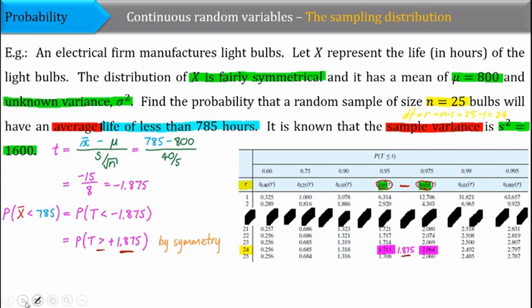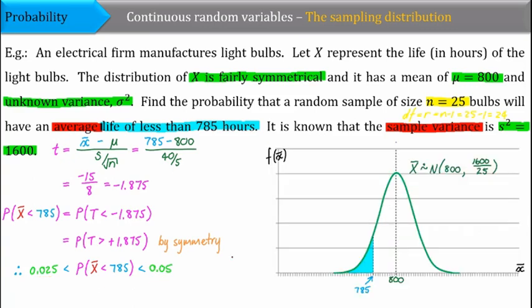We can simply write that the probability that we want will lie between 0.025 and 0.05. Graphically, this value over here will be greater than 0.025, but also less than 0.05. And we got that by symmetry from the right hand side, by looking at the probability of being greater than positive 1.875 and equating that to being less than negative 1.875.